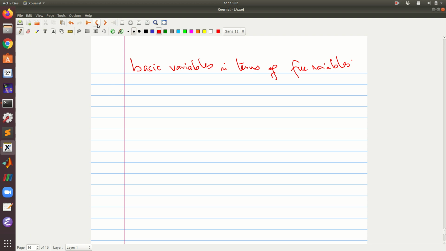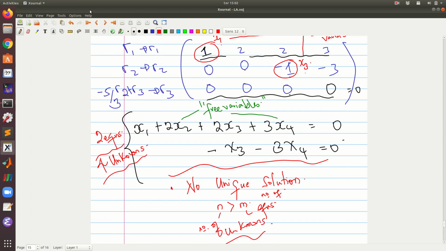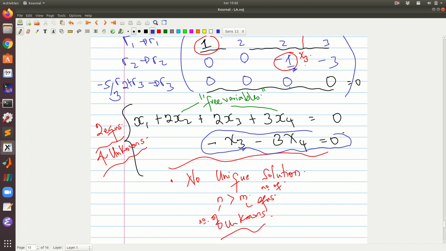Now let's start with this equation here. We have said that x3 is the basic variable. Why is it the basic variable? Because it corresponds to the pivotal element, which is -1.